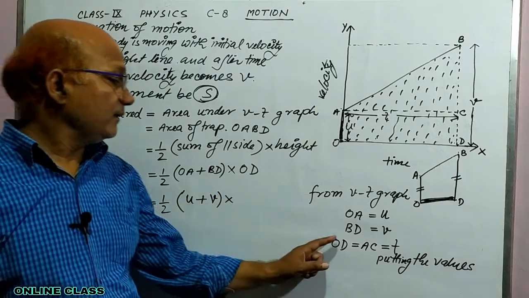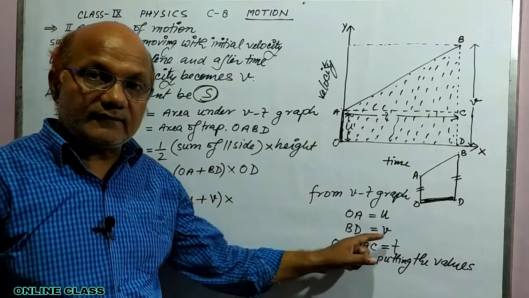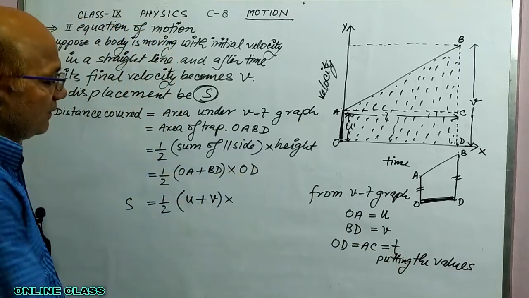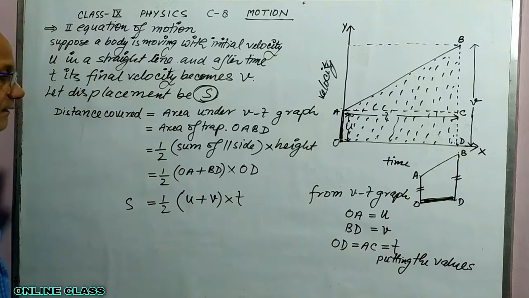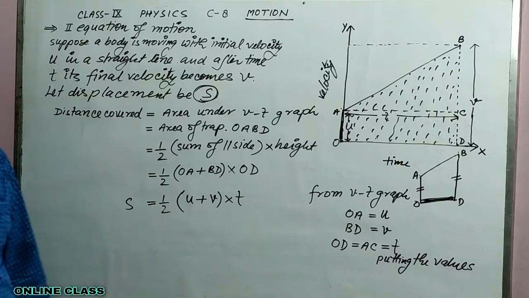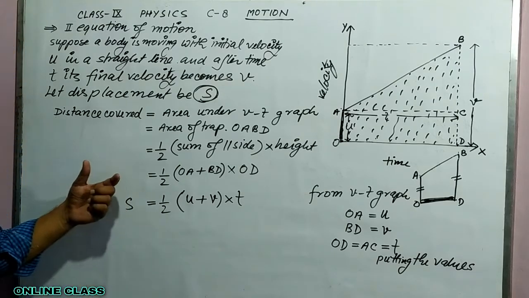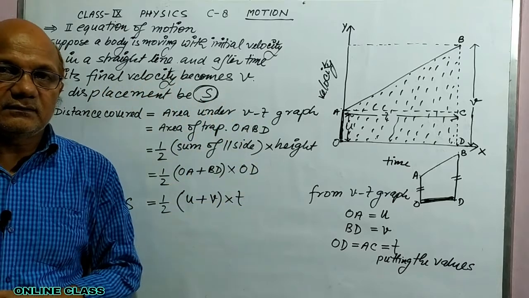You can see here OD is equal to AC equal to T. So we can write here T. Okay. Now you can take a screenshot of it.